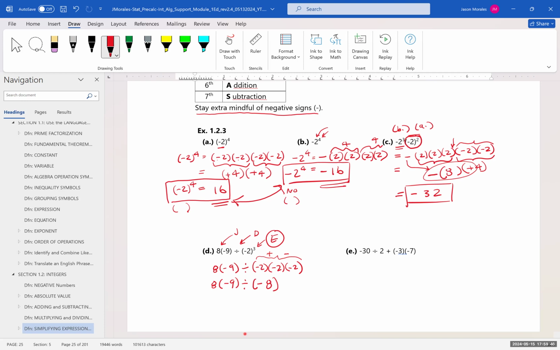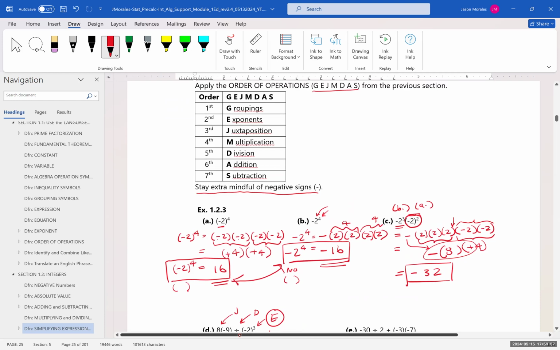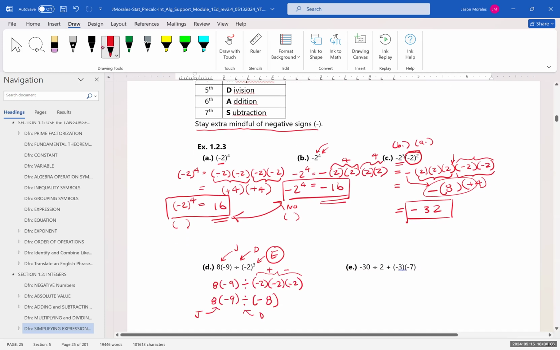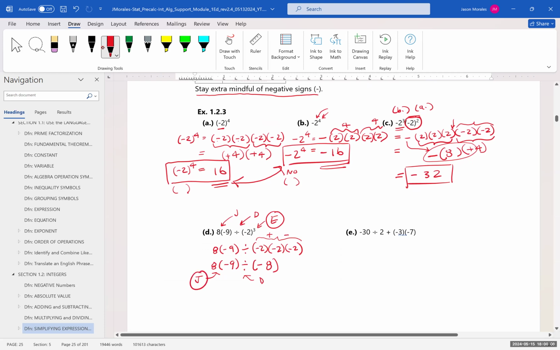All right. So now looking at what we've got, juxtaposition here and division there. So according to order of operations, juxtaposition comes before division. So let's do the juxtaposition next.